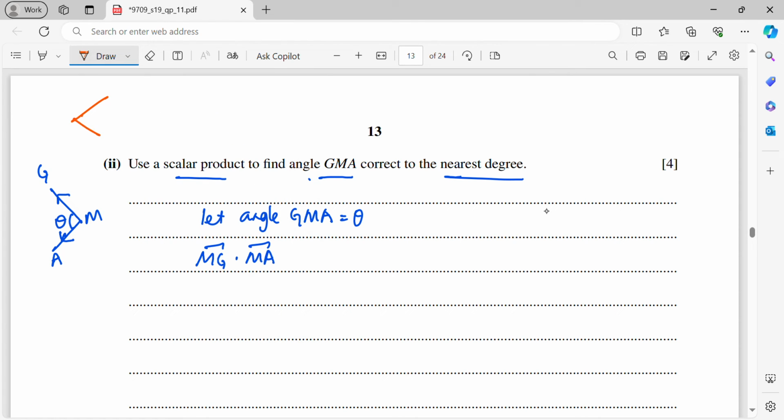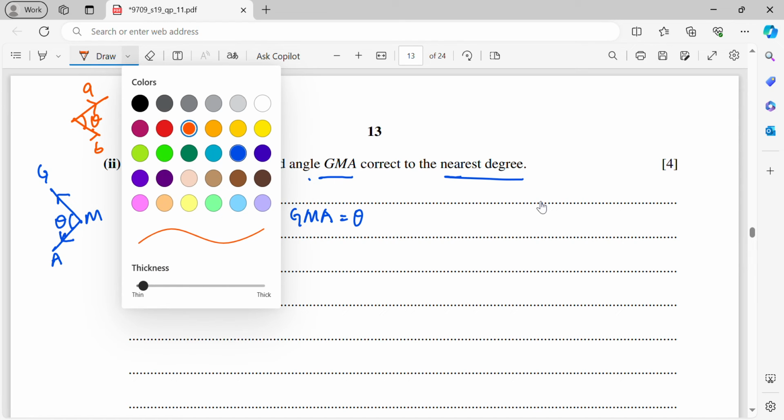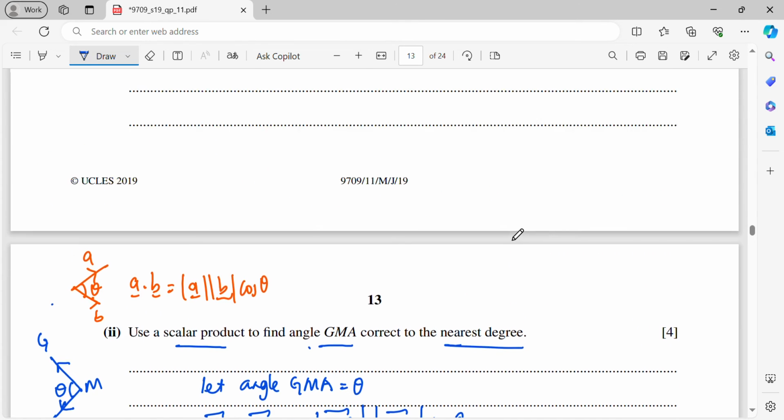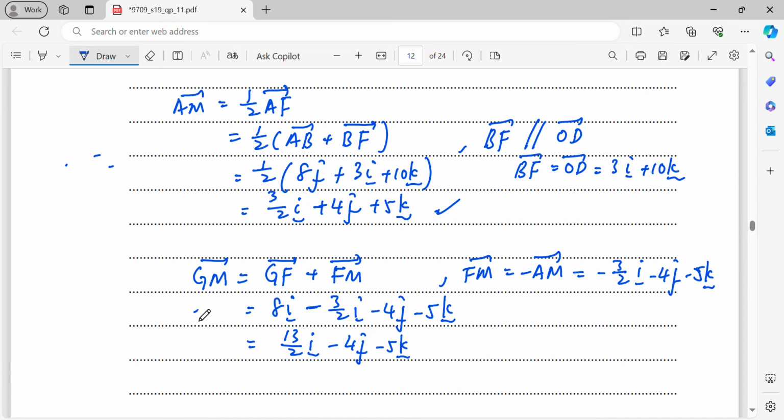Let's say you are given two vectors A and B and the angle bounded by the two vectors is theta. The scalar product formula is A dot B equals magnitude A, magnitude B, cos theta. Therefore, I'm getting magnitude MG, magnitude MA, cos theta.